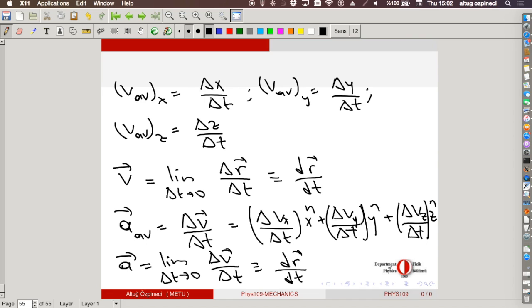Now, let's go back to the example that your friend has asked. We have this object that is doing circular motion. We start from here, we wait for some time and it comes here. Let me sketch it.